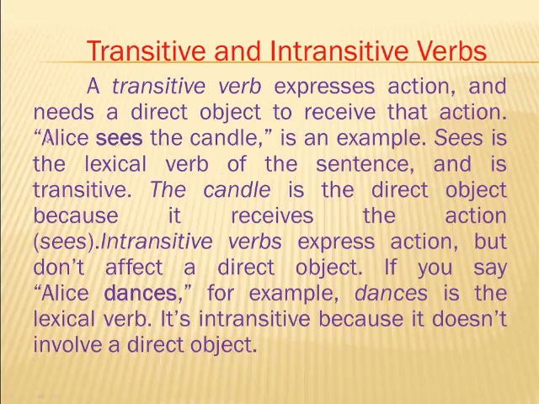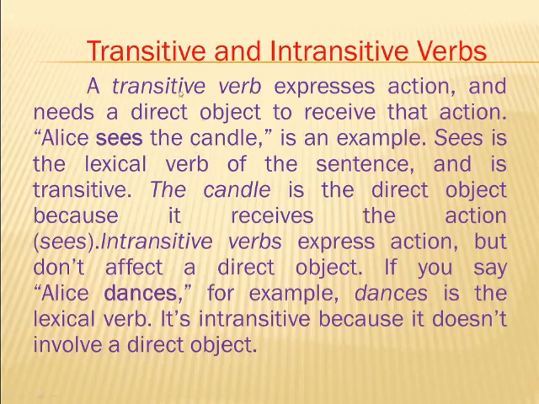If anybody says Alice sees alone, we can't define what she has seen. Alice can see a sun or the light or fan or book or pen, anything. But here the object is the candle.